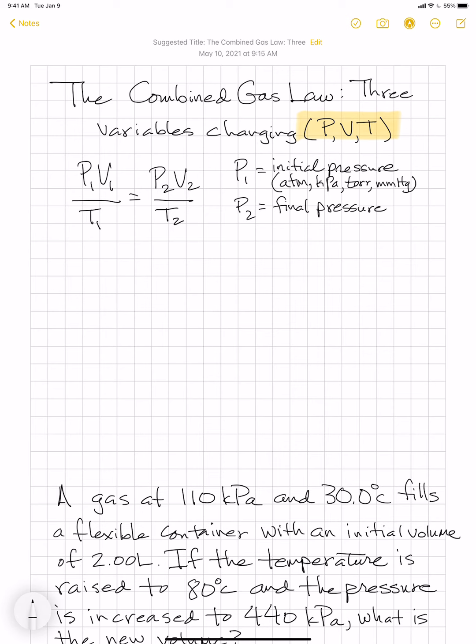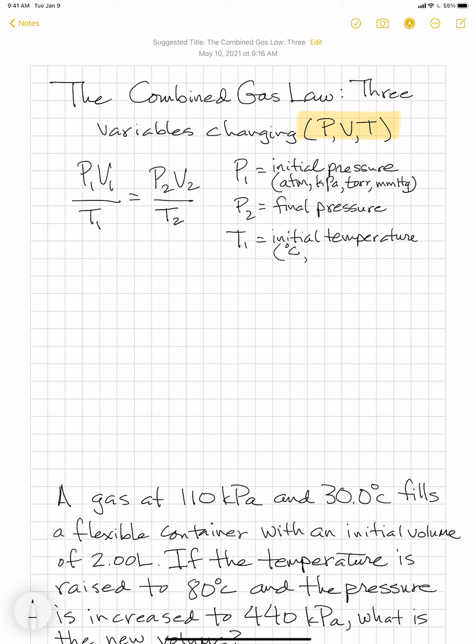Okay? T1 is the starting, let's use the same word here. Instead of saying starting, let's use, it is the initial temperature. Okay, and so what would be temperature units?